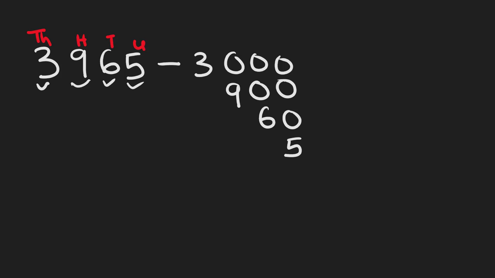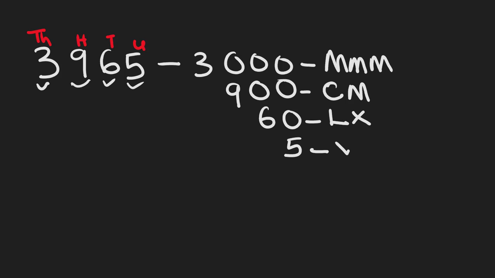So what is 3,000 in Roman numerals? It's going to be M, M, M. And what is 900? 900, of course, is 1,000 minus 100. Then what is 60? 60 is actually 50 plus 10. And what is 5? V, right?